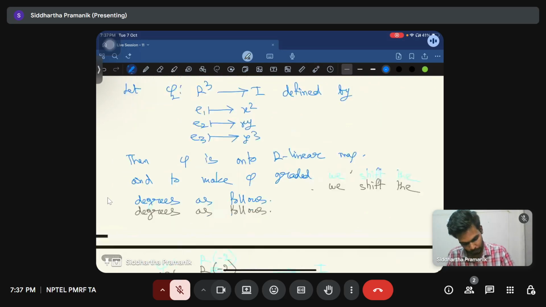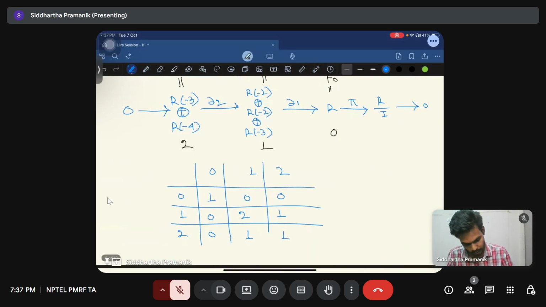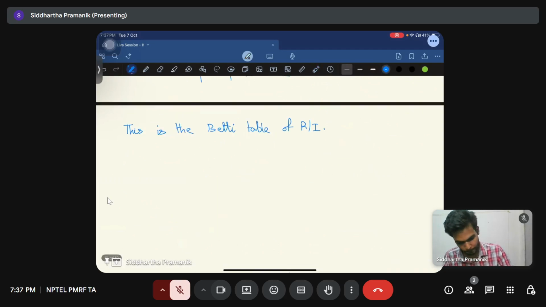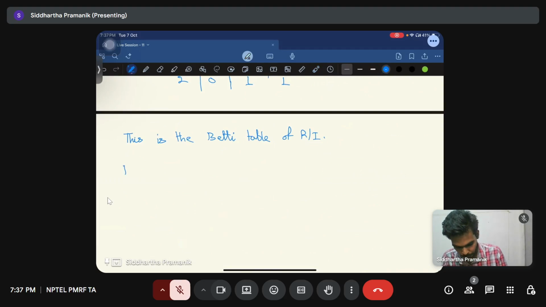So beta of 2 comma 3 means this is the second, beta 2 comma 2, this is beta 2 comma 3. From the table we can see beta 2 comma 3 of R mod I is 1.